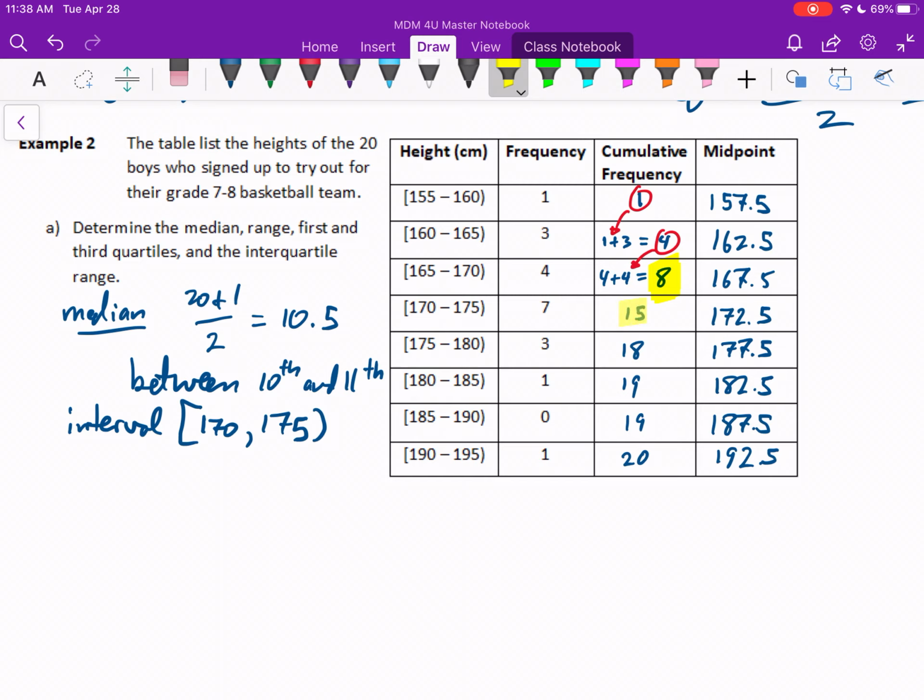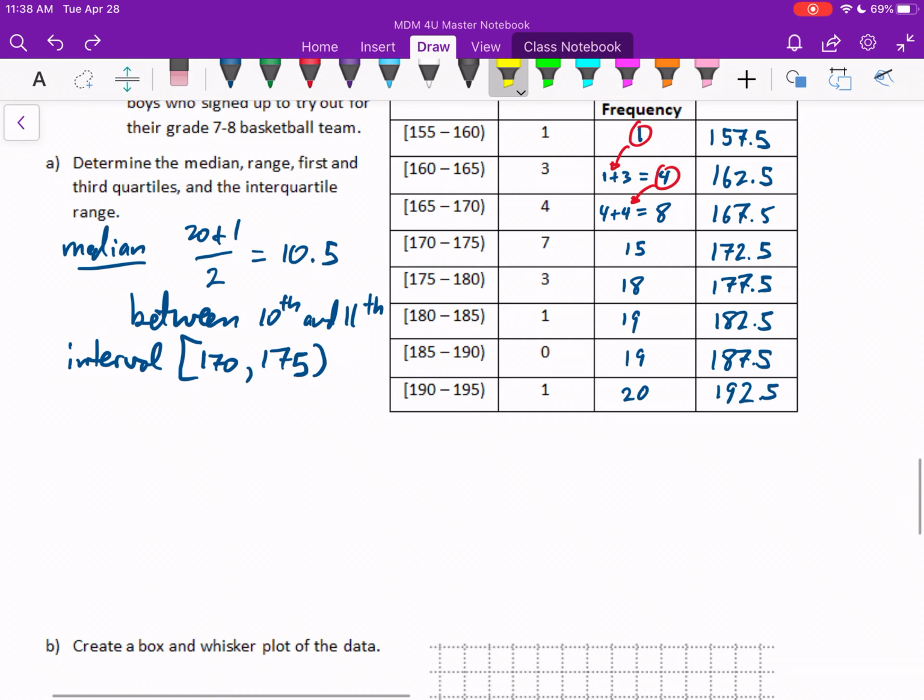By the end of the next interval, I've got 15 boys. So the 10th and 11th must fall in the 170 to 175 interval. So it's got to be this interval here. Since it's in that interval, we take the midpoint of that interval as our median: 172.5.